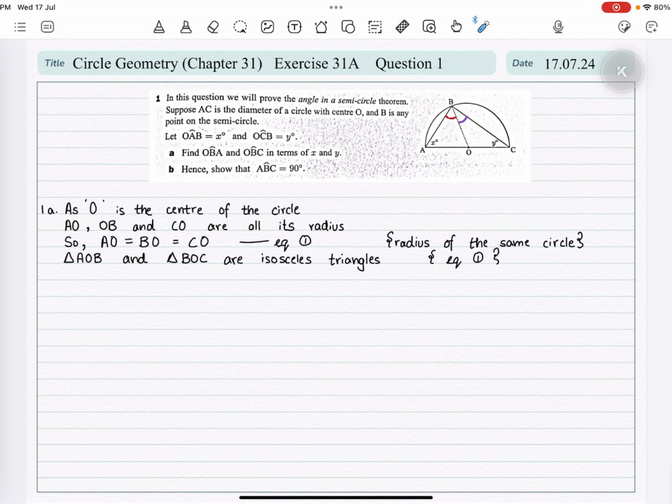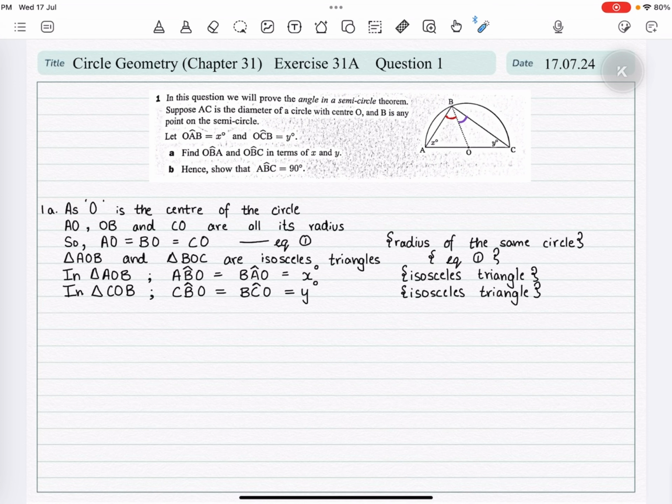So we'll say that in triangle AOB, angle ABO is equal to angle BAO is equal to x, because it's an isosceles triangle. Similarly, in triangle COB, angle CBO is equal to angle BCO, which is equal to y, because it's an isosceles triangle.